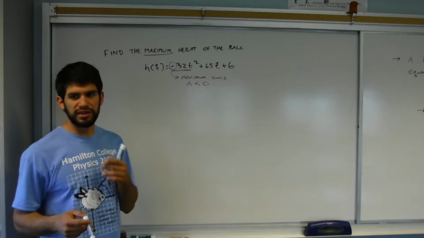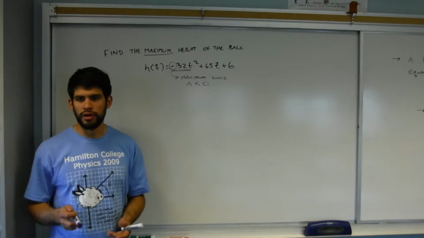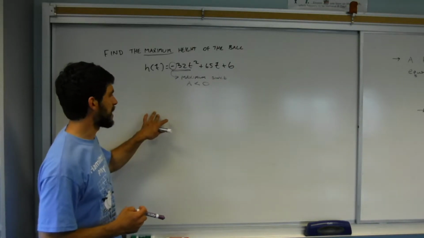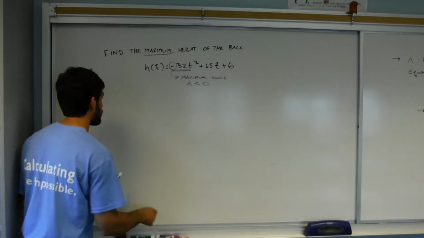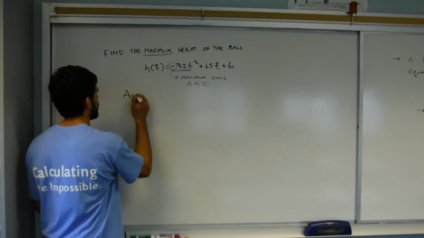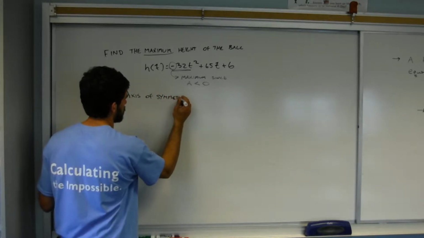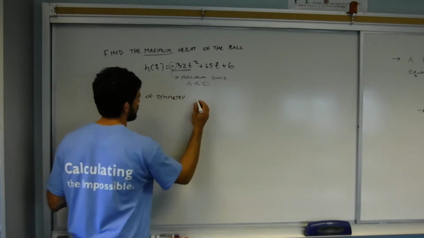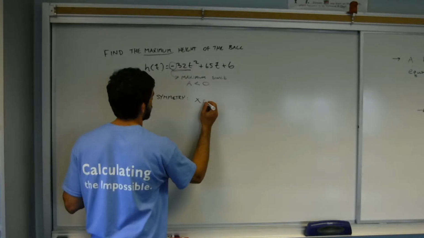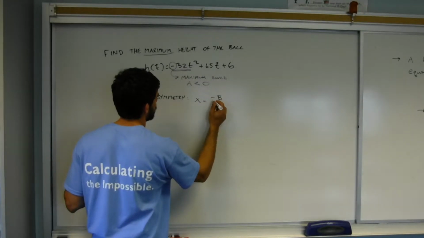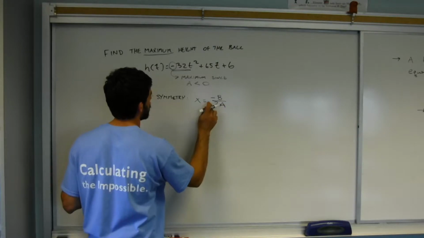So now how do we find that maximum? We've already done this with lots of basic examples, but we haven't applied this to a real world problem yet. First we want to find the axis of symmetry, which is given by the equation x is equal to negative b over 2a.